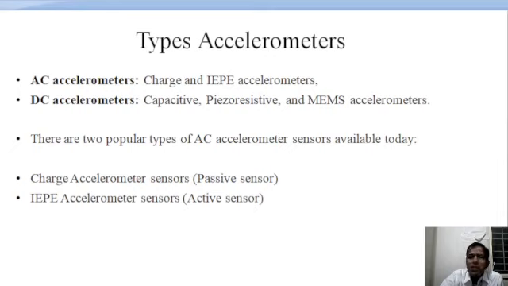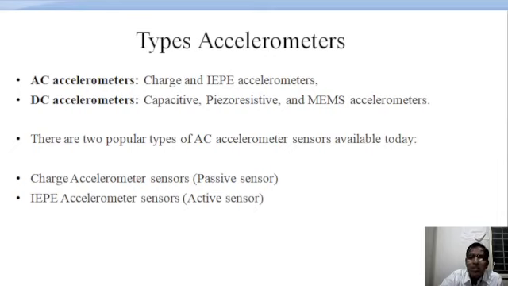Then these AC accelerometers are further classified as charge accelerometer sensors and IEP accelerometer sensors.